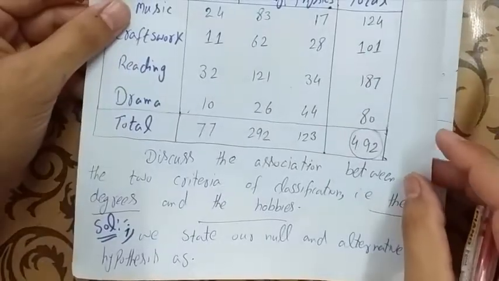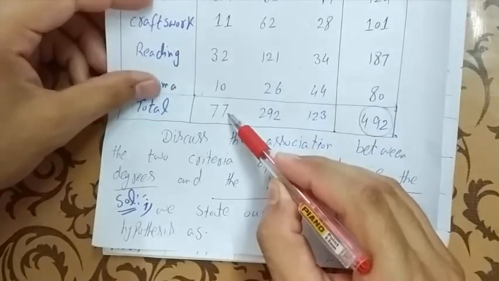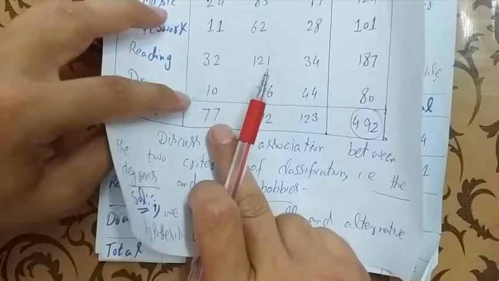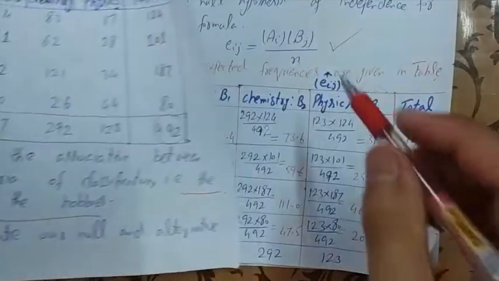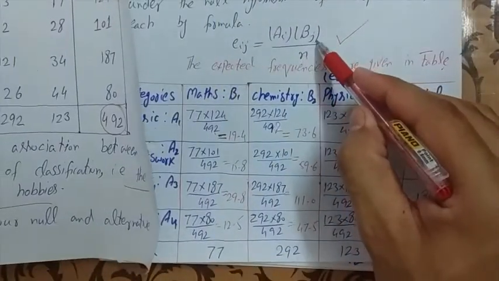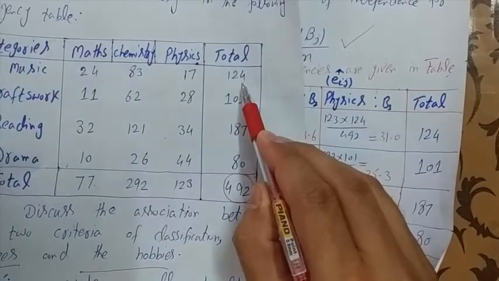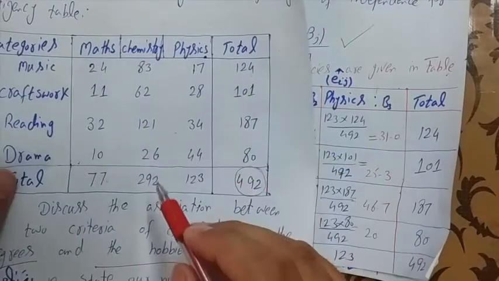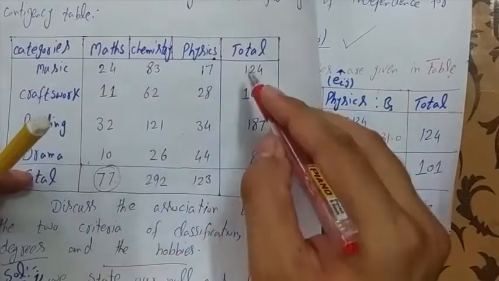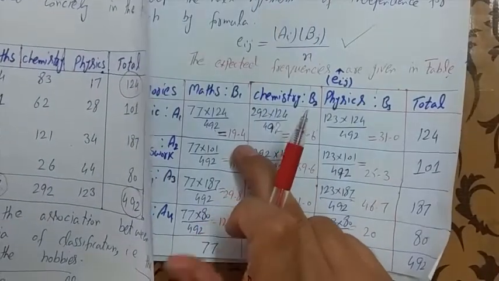See it clearly: A1 is the row total, 77, and B_j shows the column total, which is 124 in the given problem. First we multiply 77 and 124 and divide by 492, and the result is 19.4.